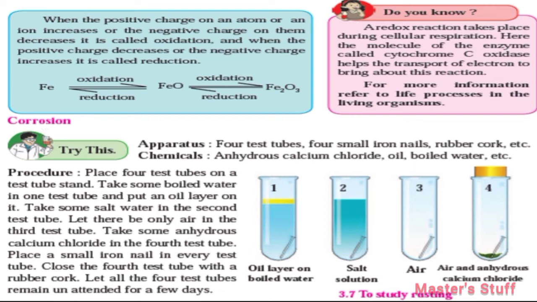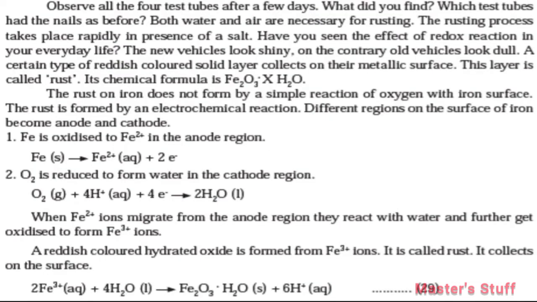Let all the 4 test tubes remain unattended for a few days. Take a look at figure 3.7 to study rusting. Well, we know that water and air are necessary for rusting. The rusting process takes place rapidly in presence of salt.